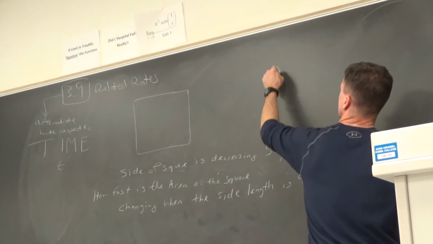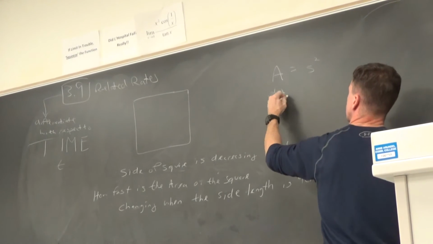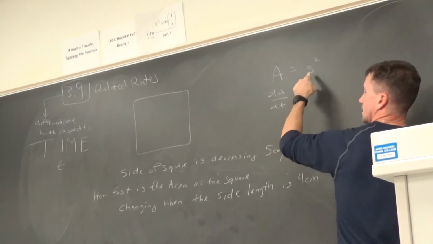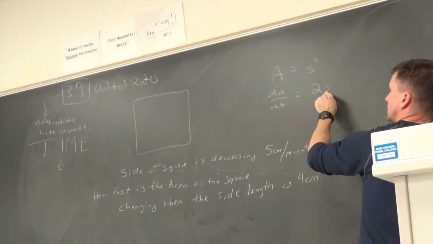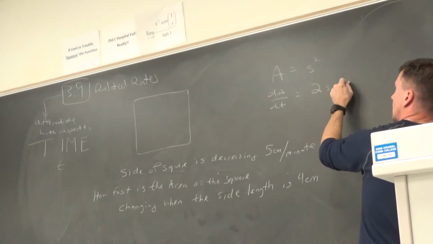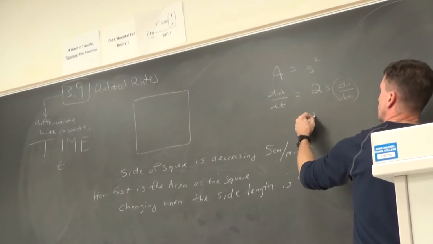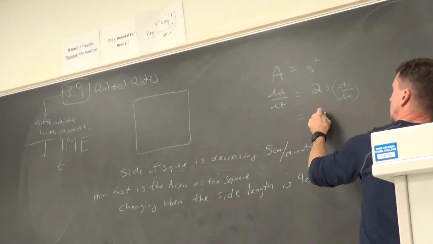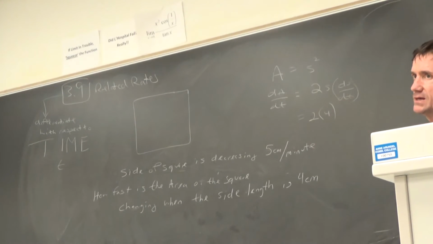Okay, what's A equal to? S squared. dA/dt. What do I do here, Amber? 2s, now ds/dt. I put my 2 back here, the s is the 4 that Amber came up with, everyone. How do I write ds/dt?